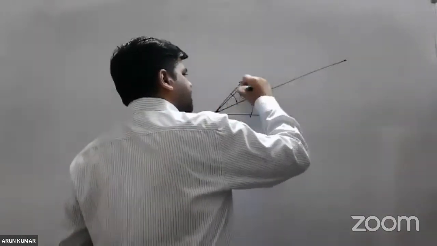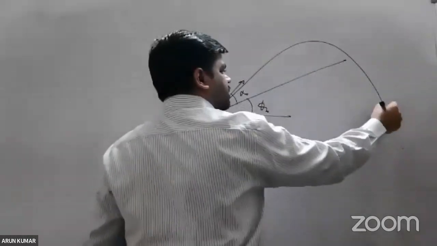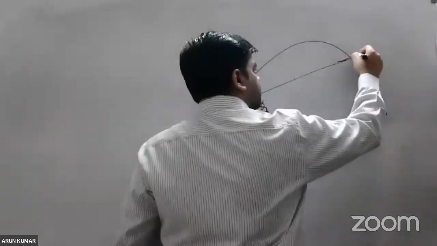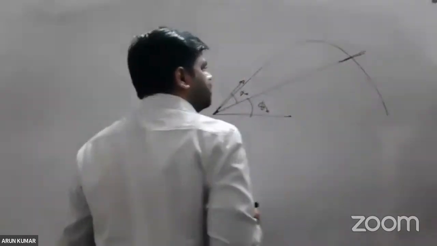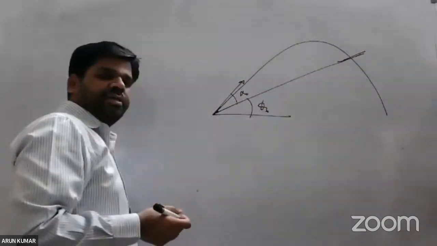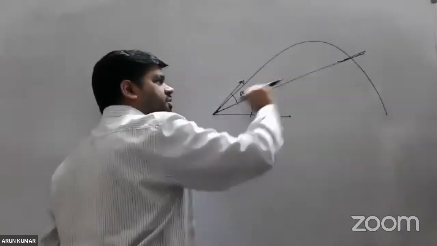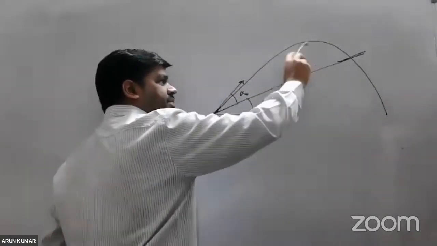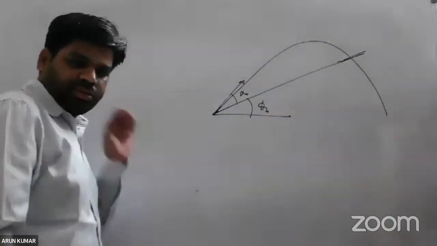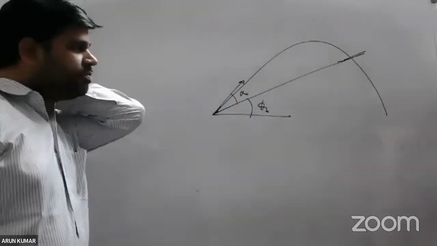Correct? So, the particle's trajectory is something like this. Required to find again the same things: maximum height reached, range, and time of flight. Right? These three things you've got to find out.